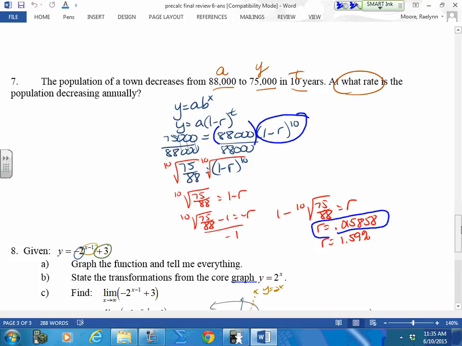Remember when we graphed these and we did an intersect? You can graph both of these. You can put in your y1, 75,000. You can put in your y2, 88,000 times 1 minus x raised to the 10th power.